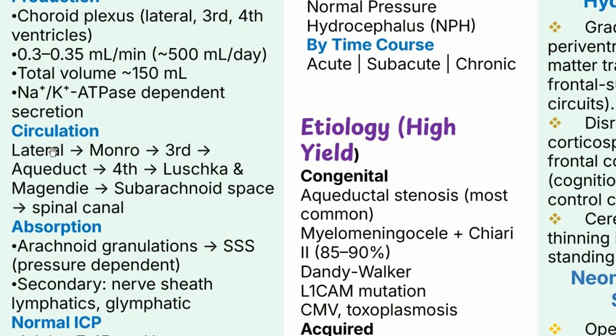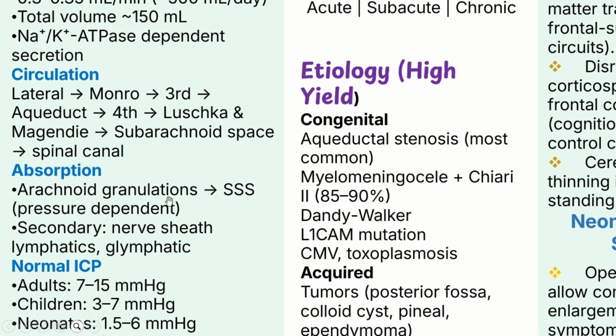The absorption takes place within the arachnoid granulations, and it's pressure dependent. There are also secondary areas where CSF is absorbed, like the nerve sheath lymphatics and the lymphatic system.